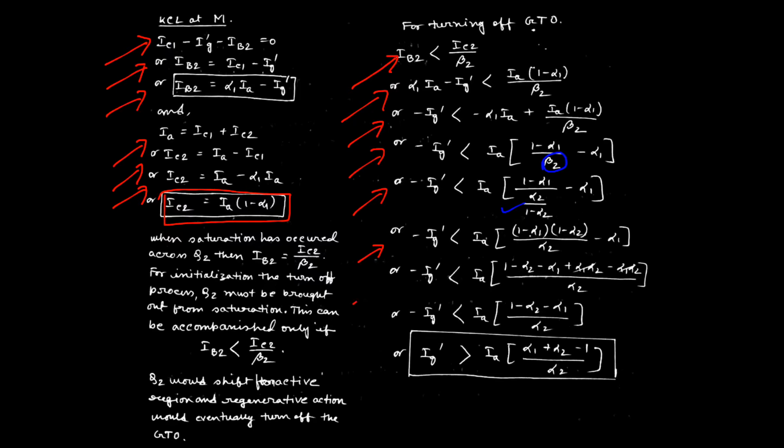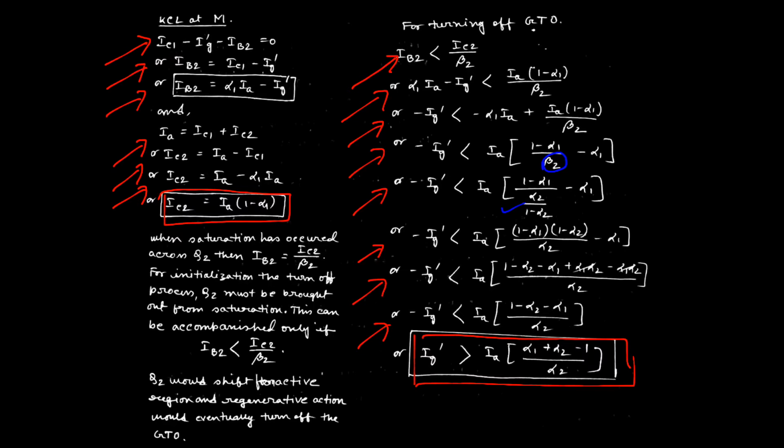After simplification, we will get IA into 1 minus alpha 1 minus alpha 2 plus alpha 1 alpha 2 minus alpha 1 into alpha 2. Both cancel each other. Ultimately, we will get the result IA into 1 minus alpha 1 minus alpha 2 by alpha 2. So, the actual expression for the gate current is IG dash equal to IA into alpha 1 plus alpha 2 minus 1 by alpha 2.